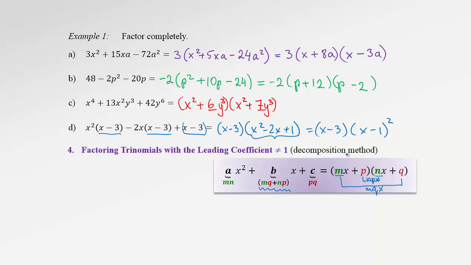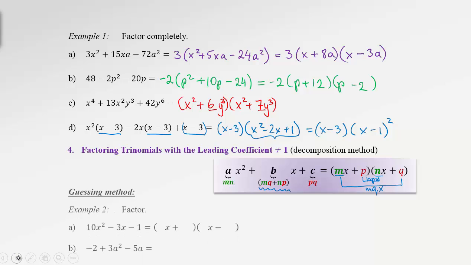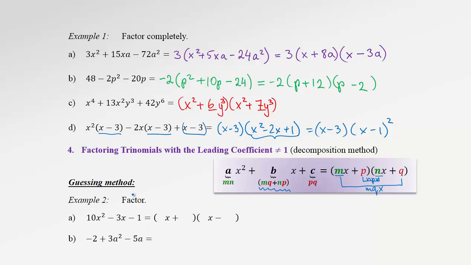This is a more reliable method, however it's a little bit longer. Well, let's see. First, we can try to use the guessing method. I would suggest going by guessing if one of those outside coefficients, either a or c, is a prime number or 1. In the first example, the last coefficient is actually 1, so let's go by the guessing method.